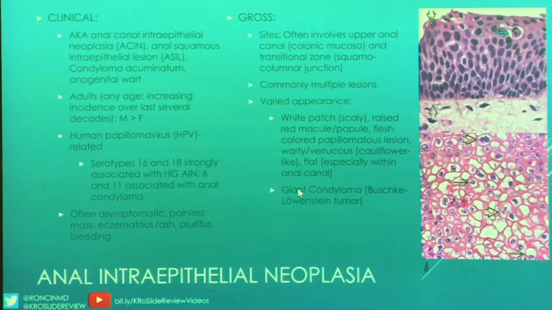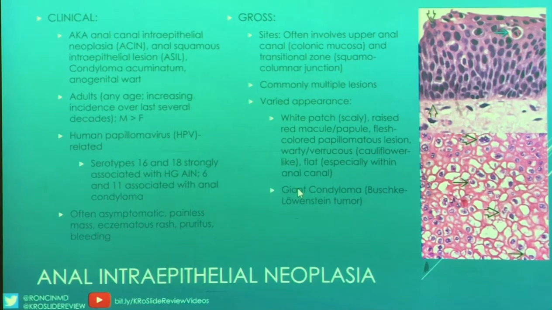For sites, if you're looking at the upper anal canal, these tend to be covered in colonic mucosa, and they're often missed because, again, the patients don't really have symptoms. And if we're looking at the transitional zone, that would be your squamocolumnar junction or your anorectal junction.